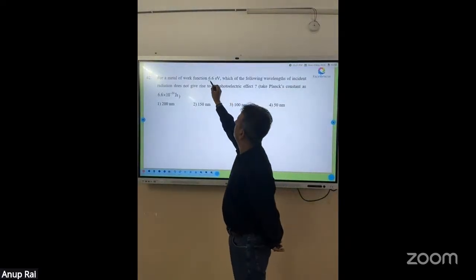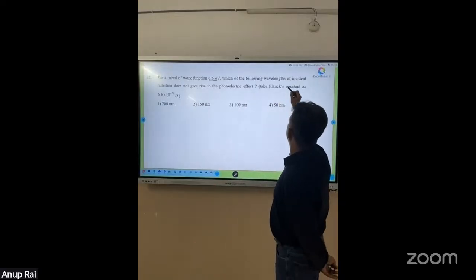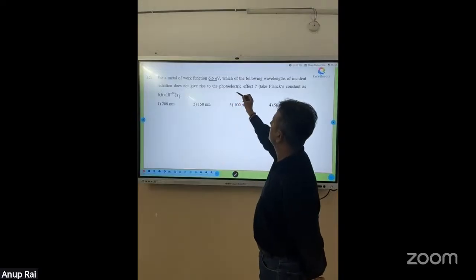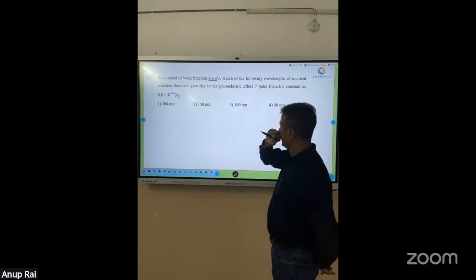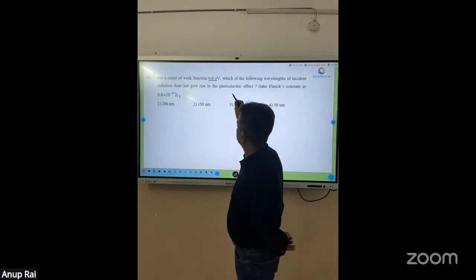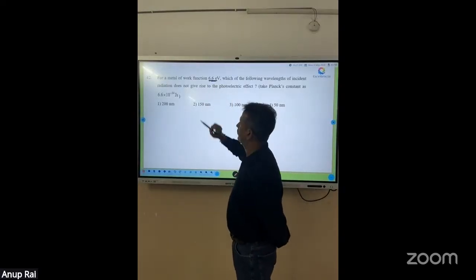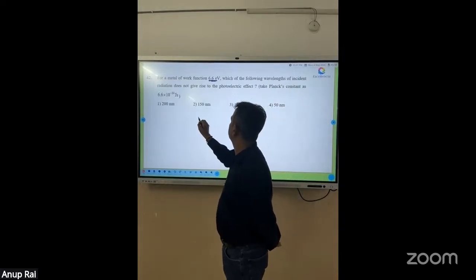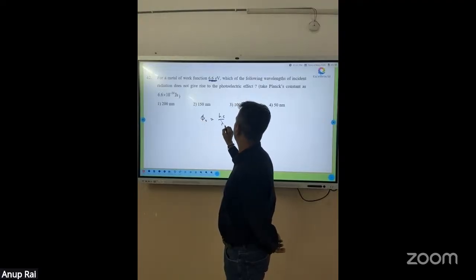The work function of the metal is given. Which of the following wavelengths of the incident radiation does not give rise to the photoelectric effect? Okay, so let's calculate the threshold wavelength first. Work function is equal to hc by lambda naught.